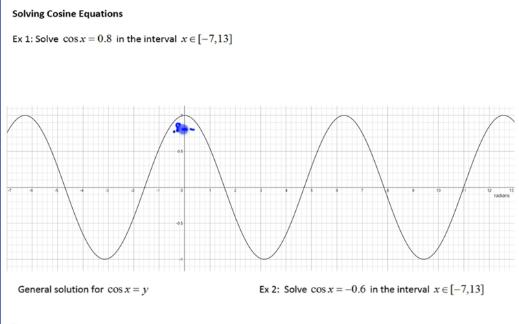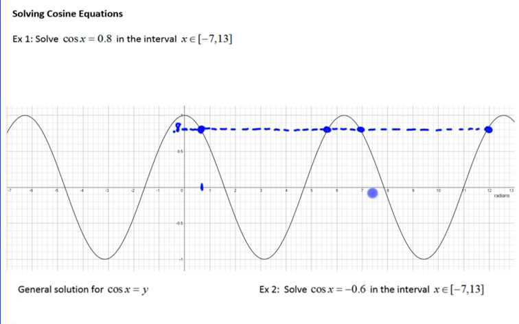So if I go over to this right-hand side, I see that here is an x value down here that looks like around 0.6 or so that has a y value of 0.8. If I continue on across, I will find other values here and here that also have y values of 0.8. So far I've found 4 in the positive direction.